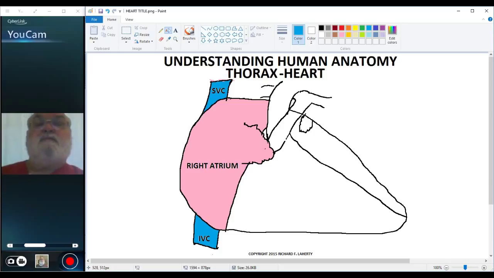Got to do a little erasure here on the pulmonary trunk.